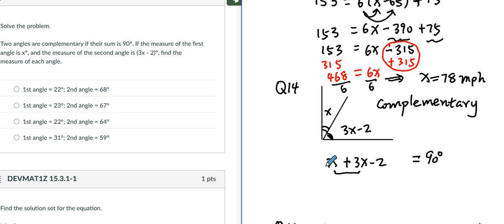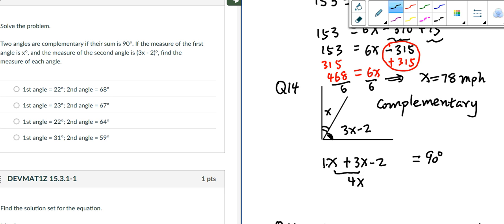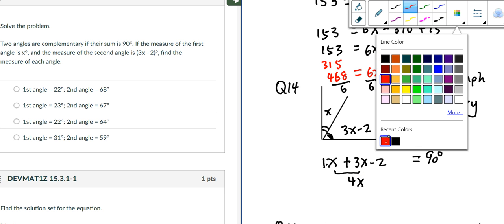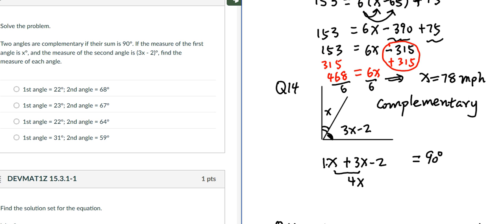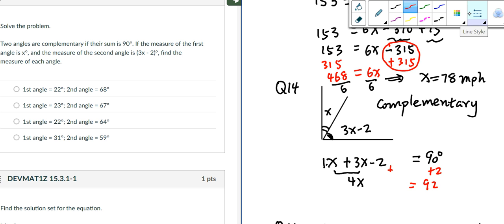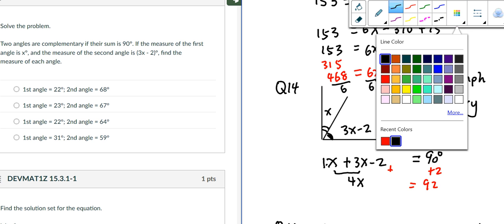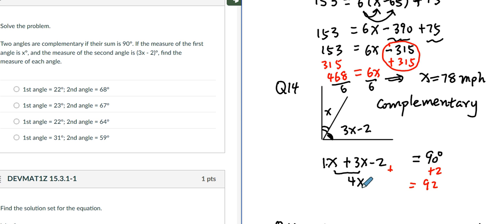We add 1x and 3x, we get 4x. And then we take 2 to the right-hand side, plus 2 on both sides. So we have 92. Then we do division. Divided by what?